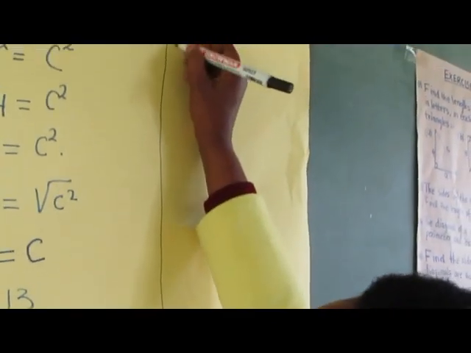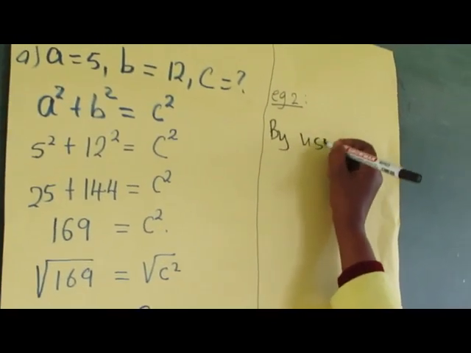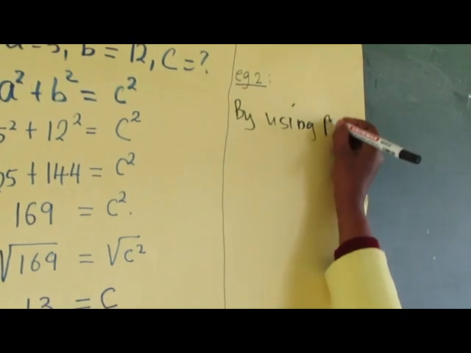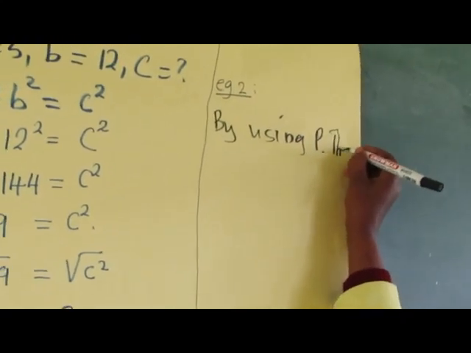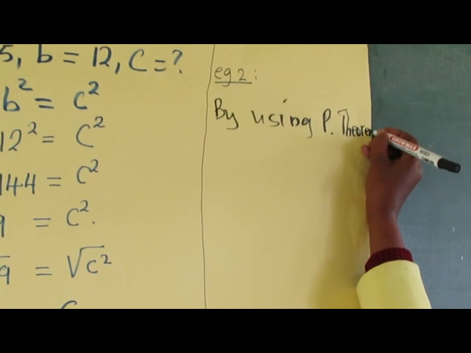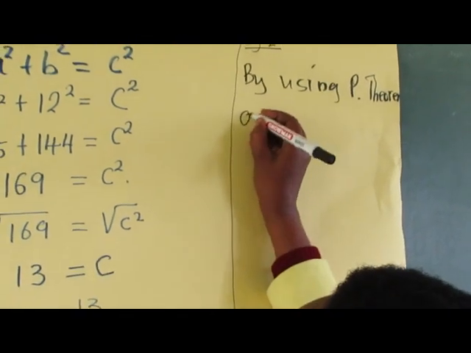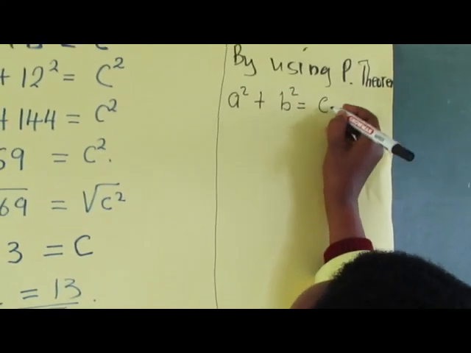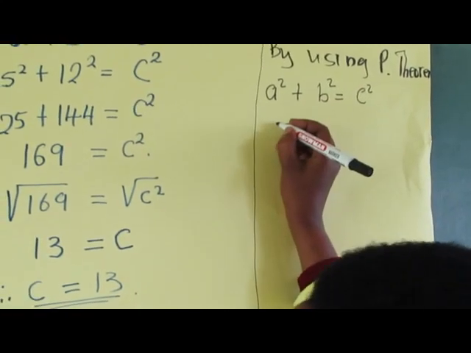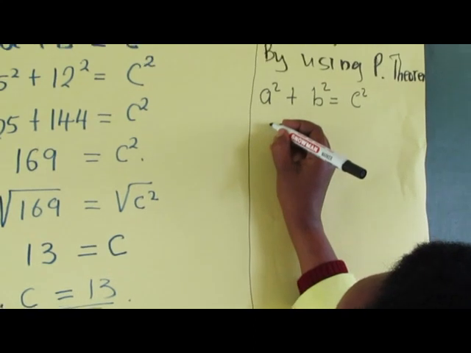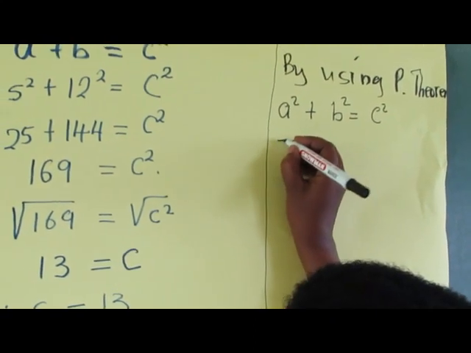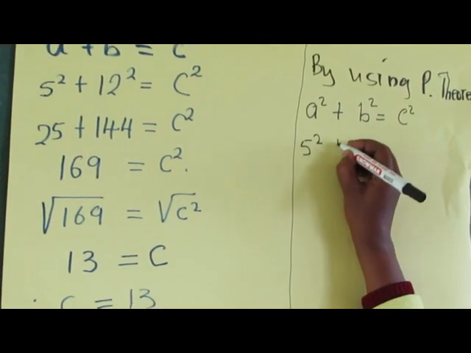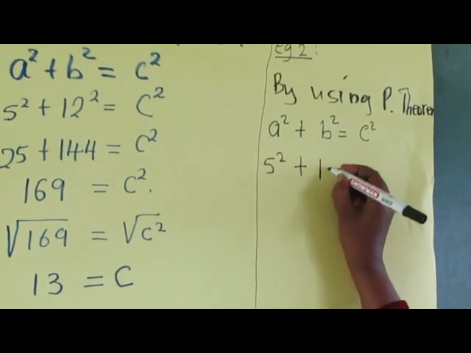By using Pythagoras theorem, a squared plus b squared is equal to c squared. Our a is 5 squared. b is 12 squared.